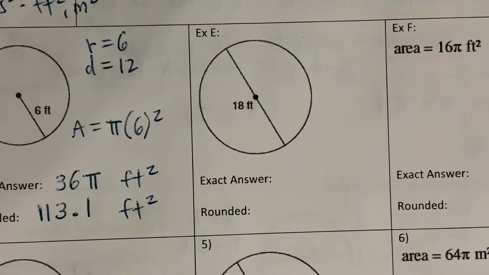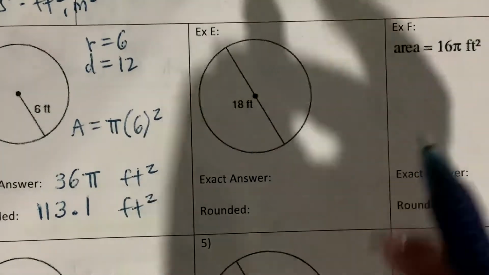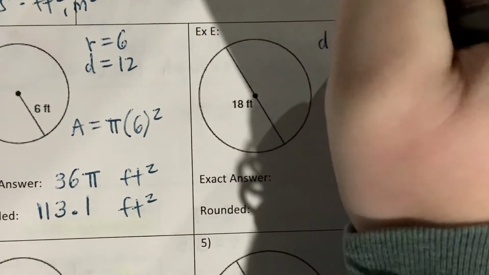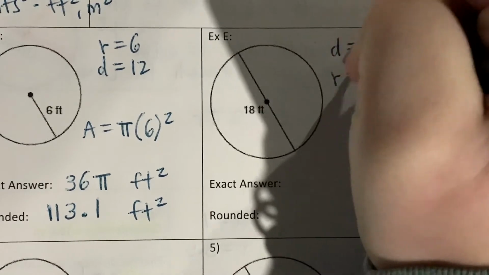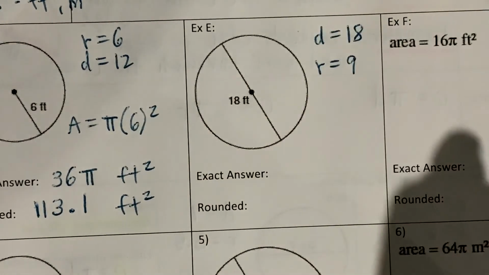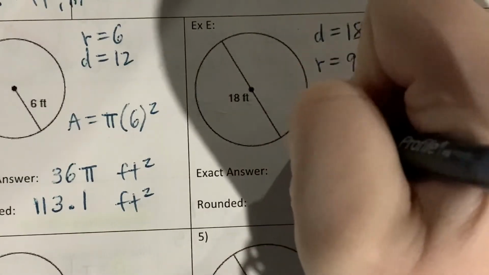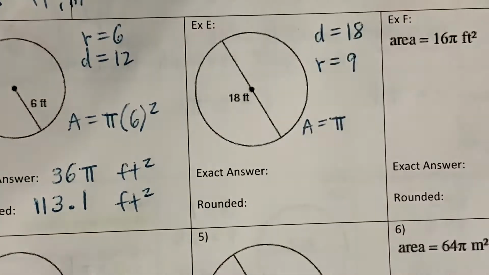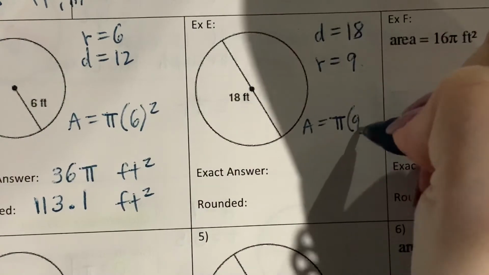On example E, I'm now given my diameter. So we can make a note here, diameter is 18. So that means our radius has to be half of that, or our radius is 9. So for area, we're doing pi times our radius of 9 squared.